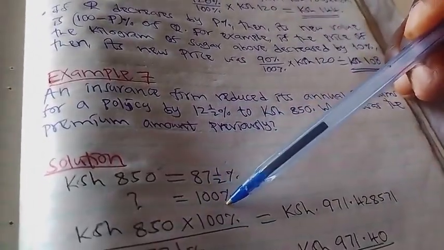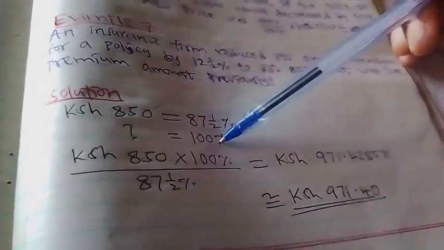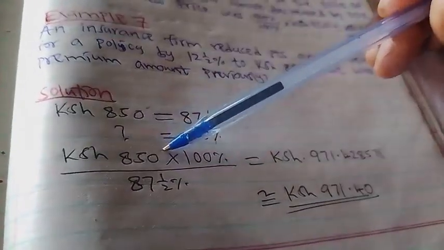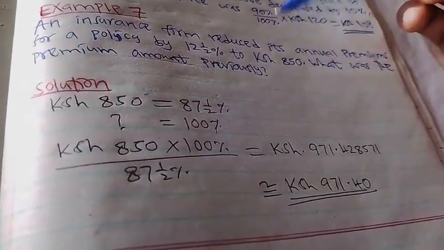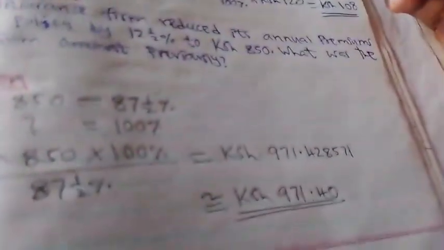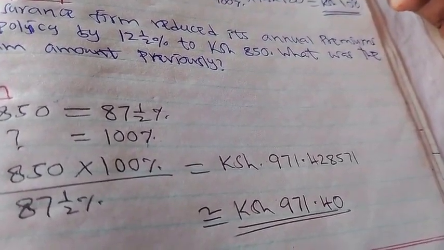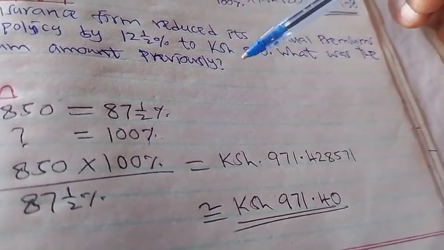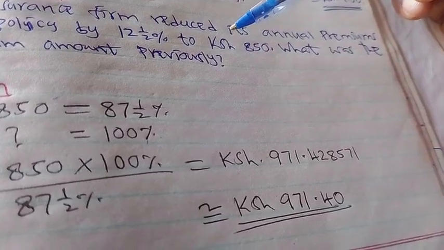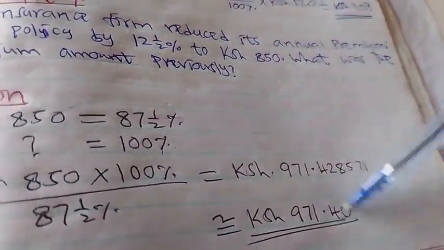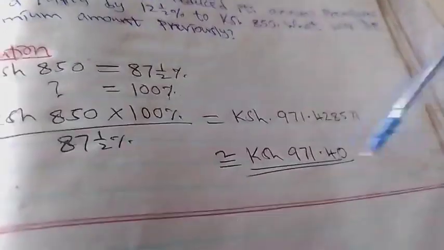Now what about 100%, which was the initial value of the premium? We cross multiply, get 850 times 100% over 87.5%, which gives us 971.428571, which is approximately 971.43 shillings. We write it to two decimal places.